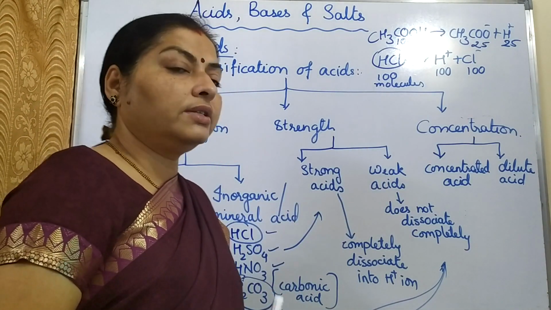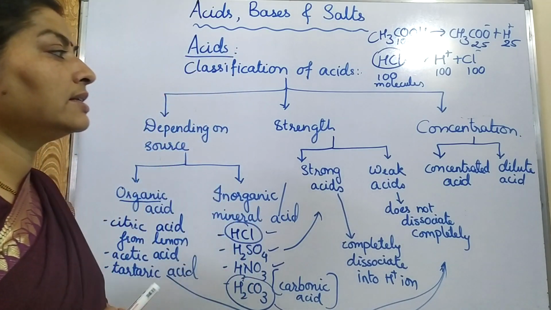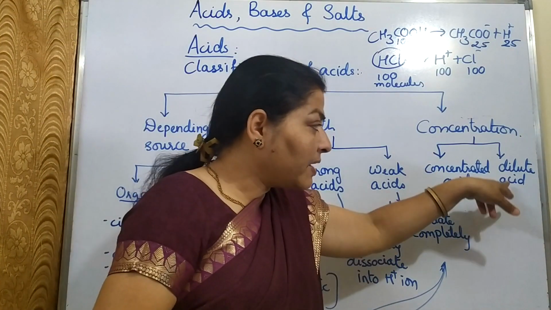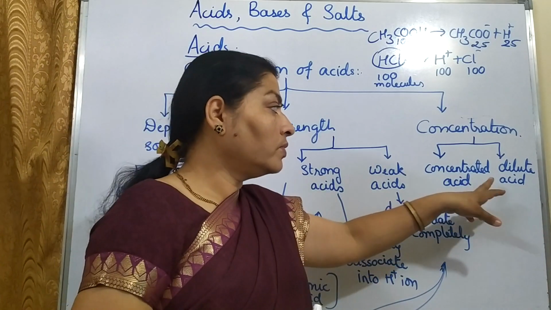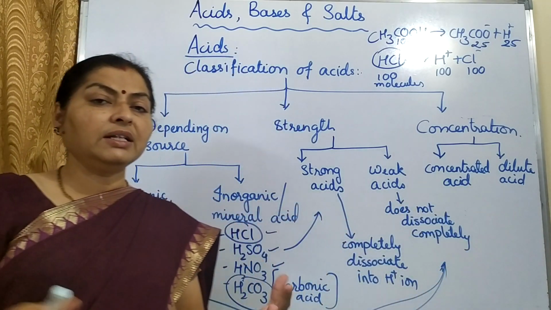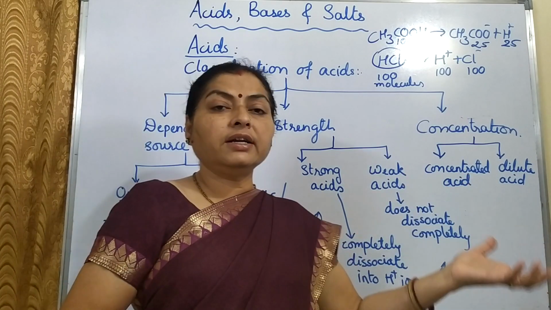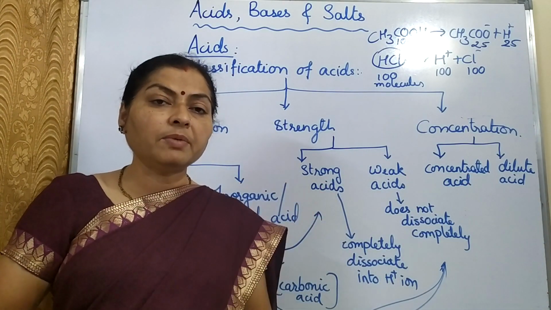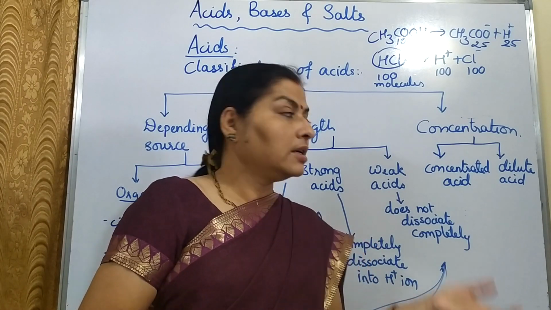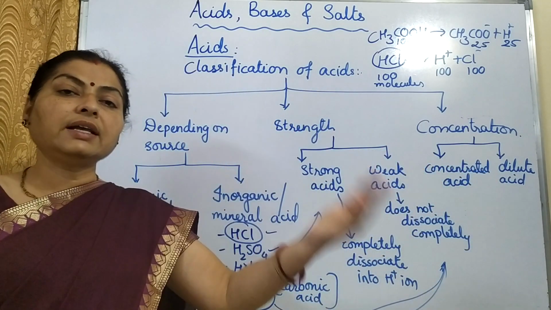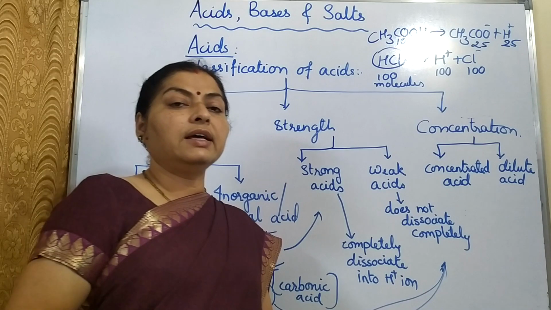We'll call it a concentrated acid. Whereas dilute acid is an acid solution which is prepared from the concentrated acid solution by mixing it with water. So dilute is comparative. Concentrated means it will have minimum quantity of water and you can dilute it to any extent. So dilute will be a mixing of concentrated acid and water.